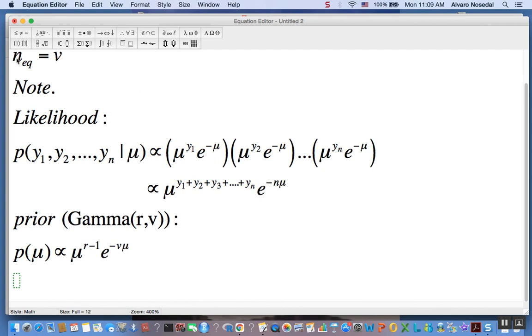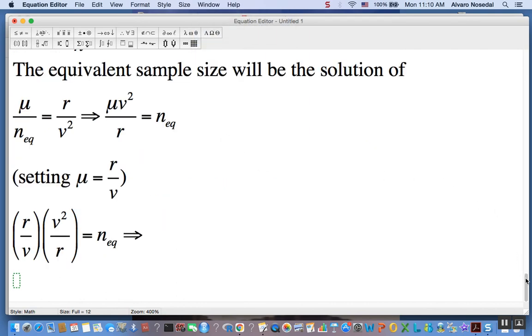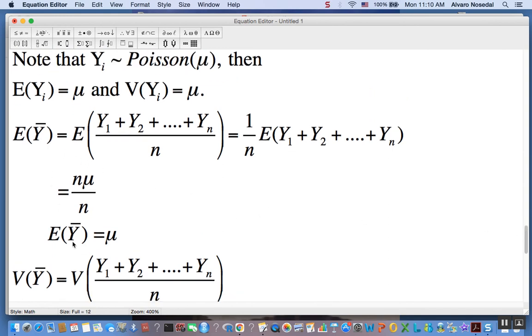We justified that first by comparing the expressions of the likelihood and your prior. We did a little bit of algebra and used a little bit of probability theory, and we end up with the same conclusion, that the equivalent sample size in this case would be the parameter v. Okay, makes sense?